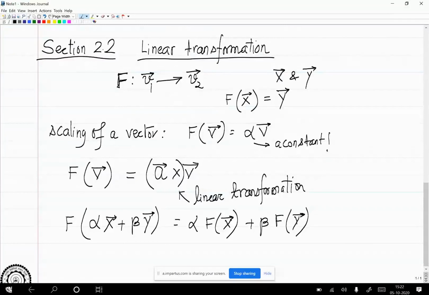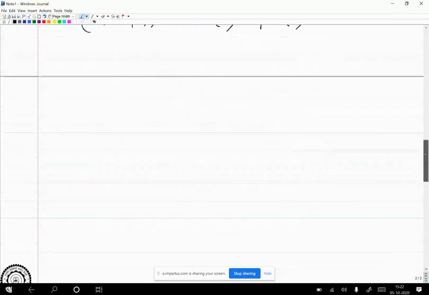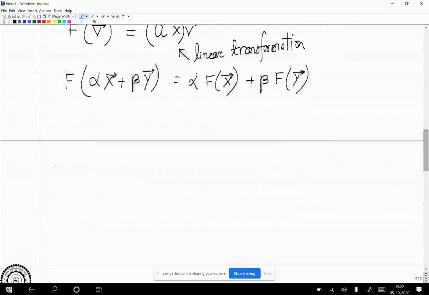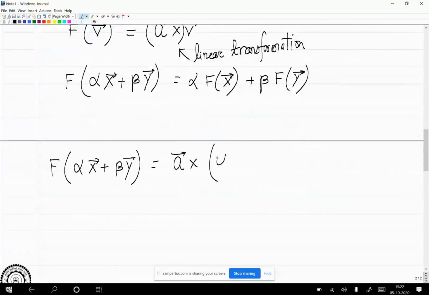For example, can we show that this cross product is a linear transformation? So let us try to show it. So f of (alpha x plus beta y) is then equal to a cross (alpha x plus beta y).